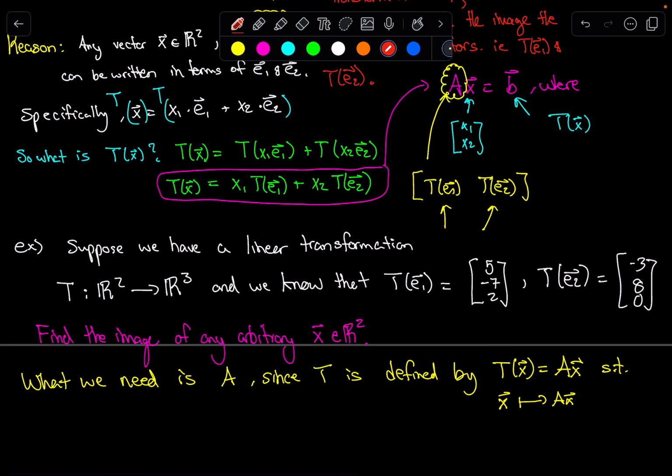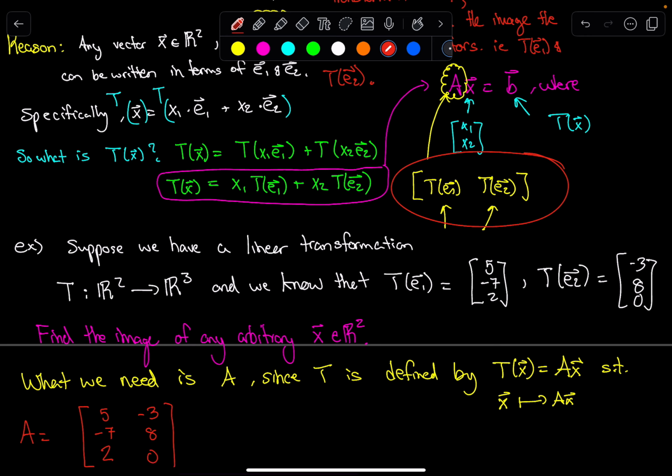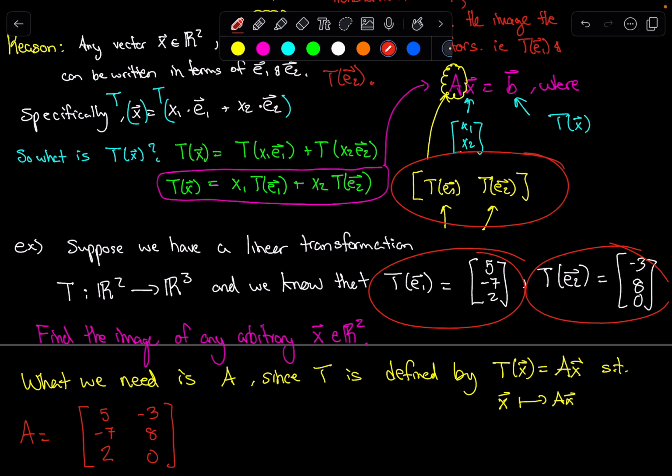Here, we already know what the matrix A is going to be. Even though I haven't said what this transformation is, from the work we did earlier, A is simply going to equal [5, -3; -7, 8; 2, 0], because that is the transformation of the standard basis vectors.